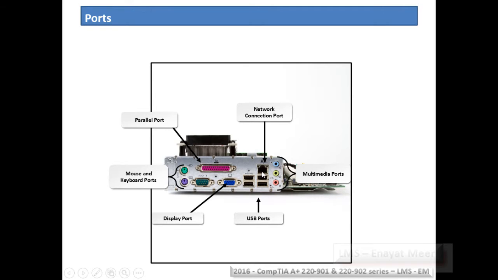So that could be 100 megabits per second, or 1 gigabit per second, or could be more. So it all depends on it. We used to have 10 megabits per second at the very start, if you go back 20 years ago. And then you have a multimedia port. Simply I could say this is a sound card.